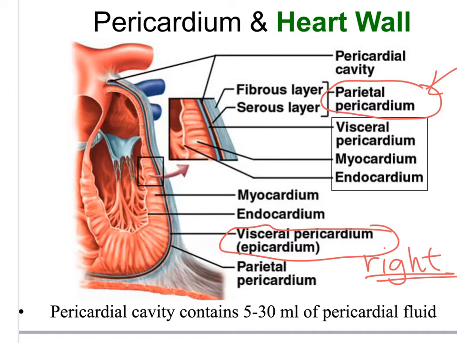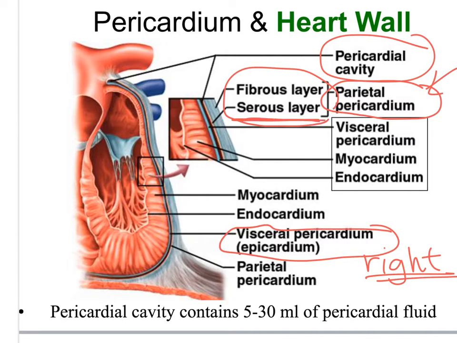The pericardial cavity is the space that the heart is in. In order to do heart surgery, you would have to cut through the pericardial sac, or the parietal pericardium, in order to get to the heart itself. The parietal pericardium has 2 layers. It's got a fibrous layer, which is really tough, and then the serous layer.